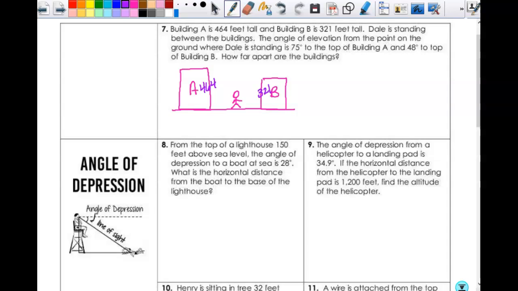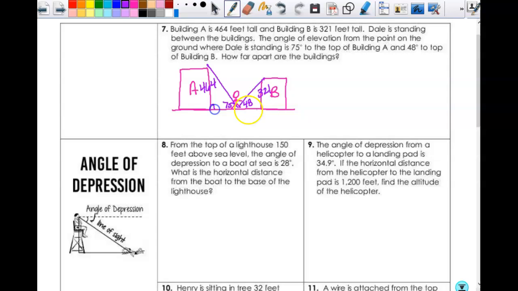Dale is standing between the buildings. The angle of elevation from the point on the ground where Dale is standing is 75 degrees to the top of building A, and 48 degrees to the top of building B. How far apart are the buildings?